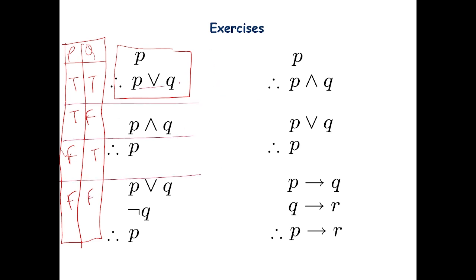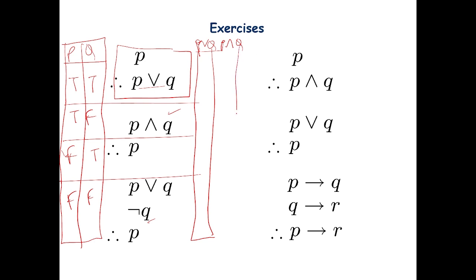Okay, so for P or Q, we're going to write P or Q, P and Q, this. We have a not Q. Do we have a not P?